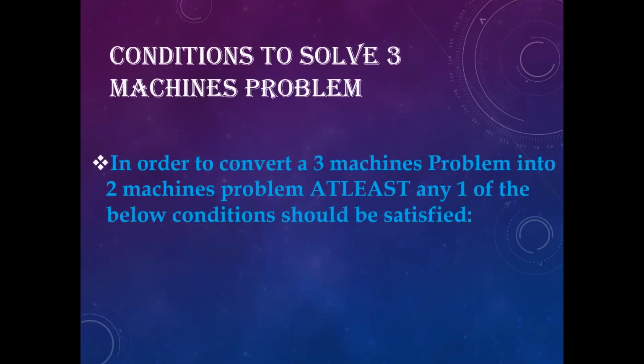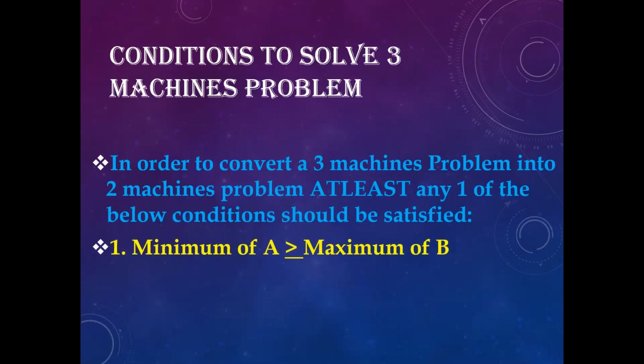Now, what are the conditions to solve the 3 machines problem? In order to convert a 3 machines problem into a 2 machine problem, at least any one of the below conditions should be satisfied. So let us see what those conditions are.